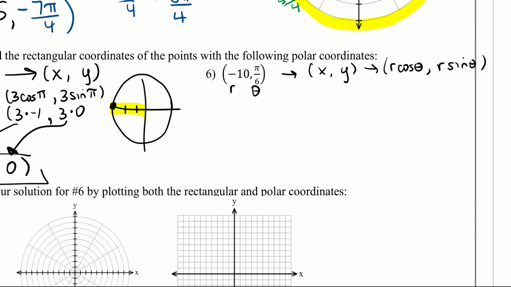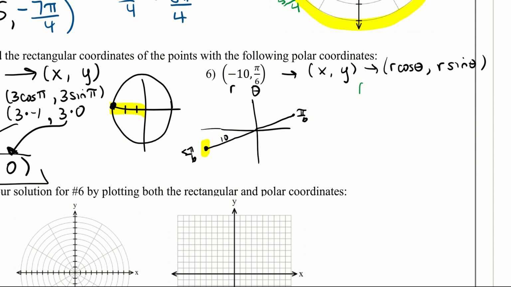You can draw a picture if you think that would be helpful. In the direction of pi over 6, which is right here, we're going negative 10 units, which really means we're going over here. We're going 10 units in the direction of 7 pi over 6. So we want to figure out where exactly this point is located.